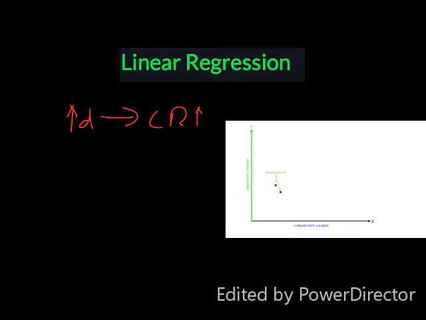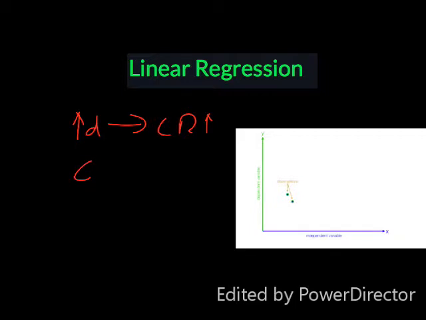That is, the crime rate is directly proportional to density. That means crime rate is equal to a constant k into density. This k is called the proportionality constant. So the aim of linear regression is to find out the proportionality constant k.